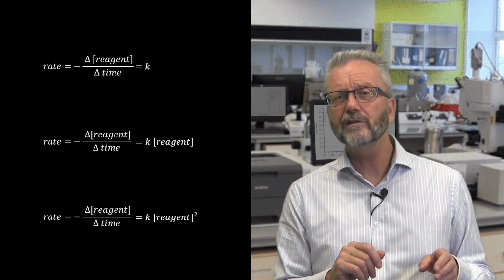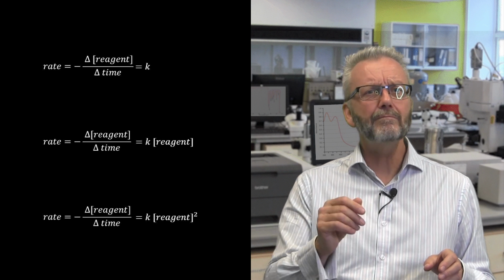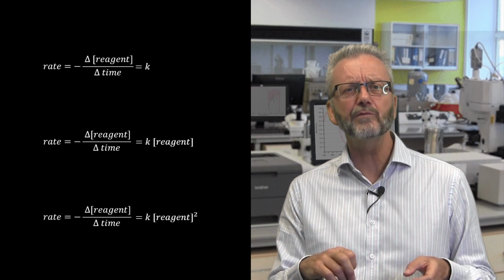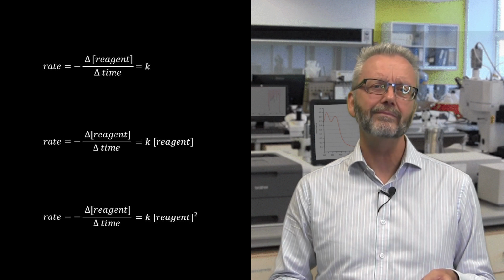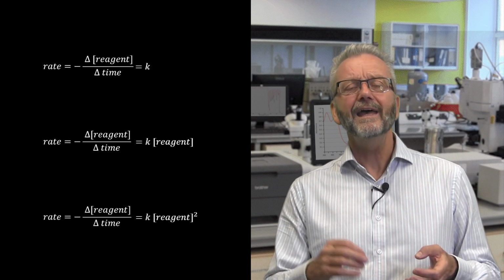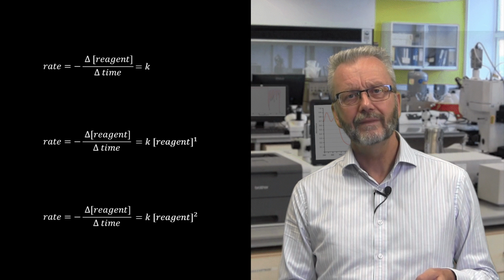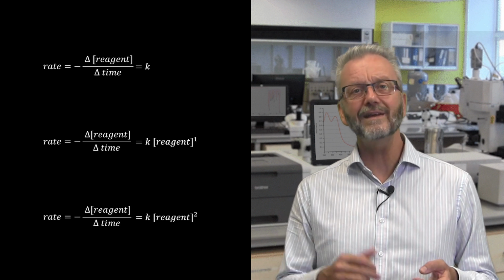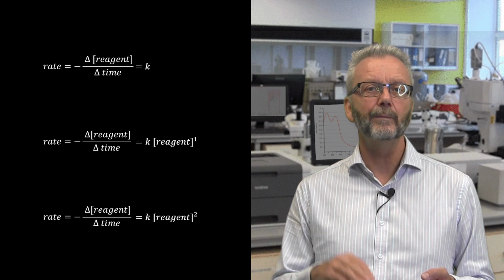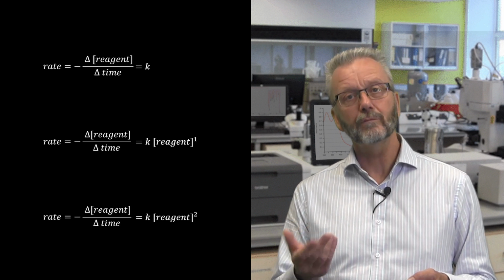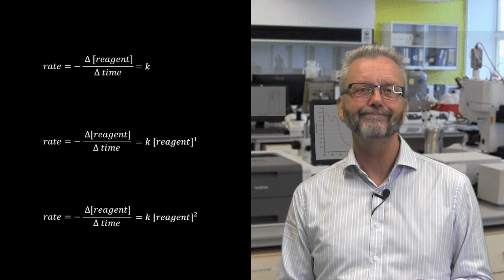Our middle equation is correct, but we can make it look more like the last one by putting in a power to raise the concentration to. In this case, it's the power of 1. Anything raised to the power of 1 is itself, so this has no effect upon the numbers, but does make the equation look more like the final one.